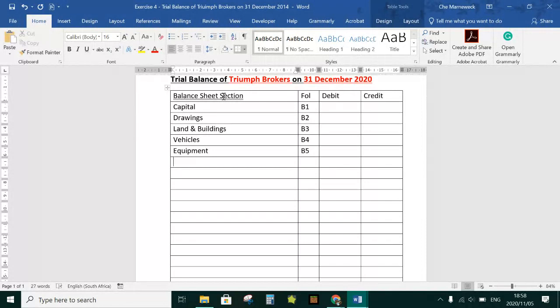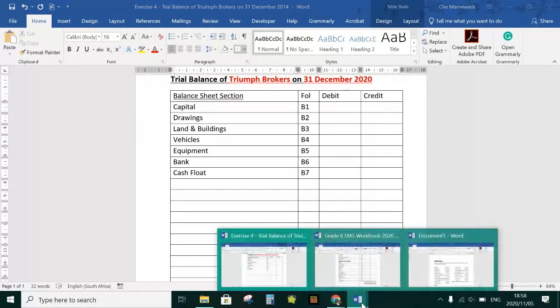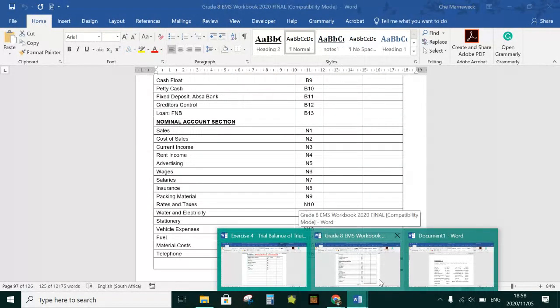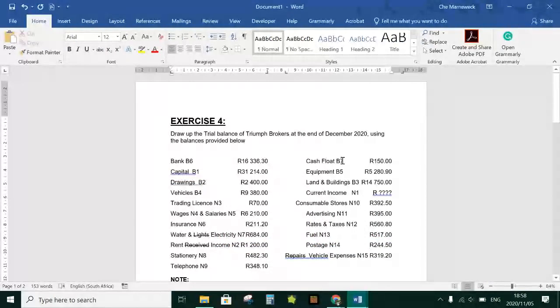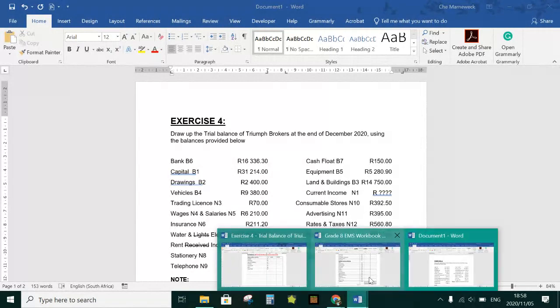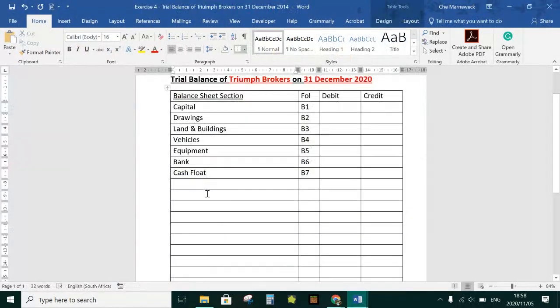There's no trading stock, there's no debtors control, so bank was made B6, and cash float was made B7. There's no loan, creditors control, fixed asset, fixed deposit. So I think we only go up to B7. Okay, then we're going to make the next bit nominal section.